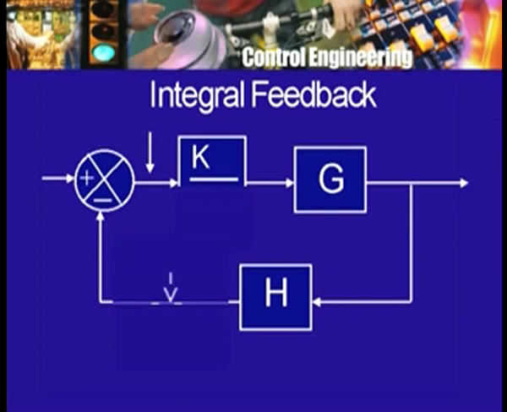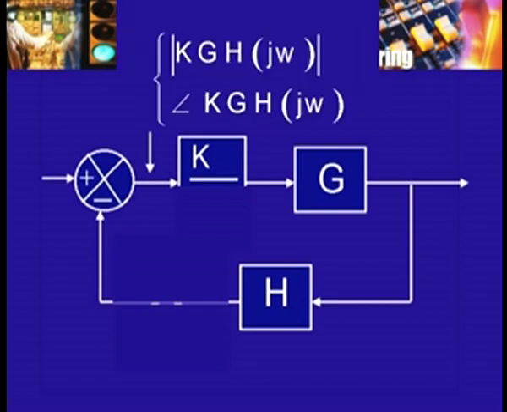So, the ratio of the Laplace transform of the signal here to the Laplace transform of the signal here is exactly K GH of s, and if the signal is sinusoidal, then what we are discussing right now will hold, namely I may put the K here also.